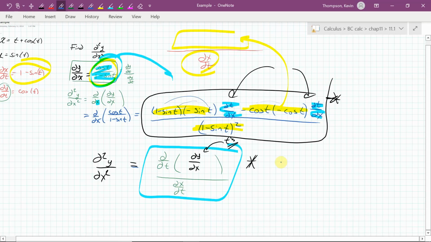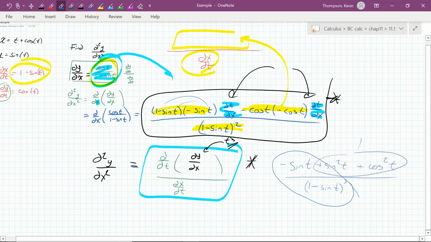So we're going to have negative sine of t plus the sine squared of t minus a cosine, no, plus a cosine squared of t over 1 minus sine of t cubed. And this is 1, so there's the answer.